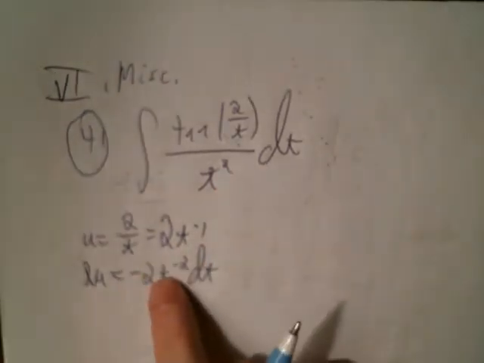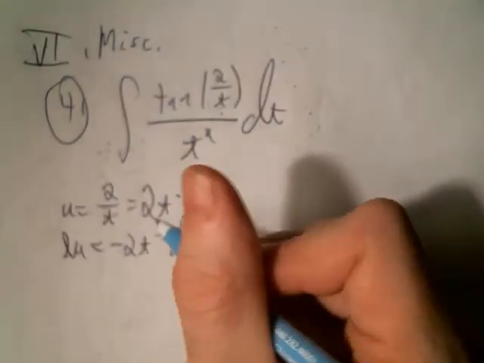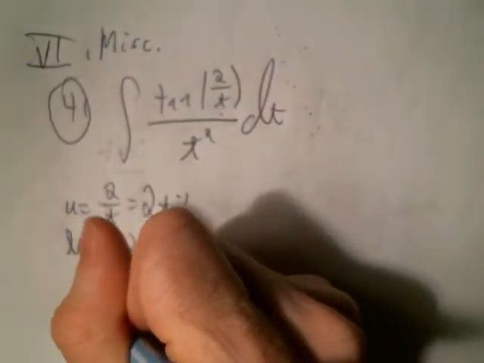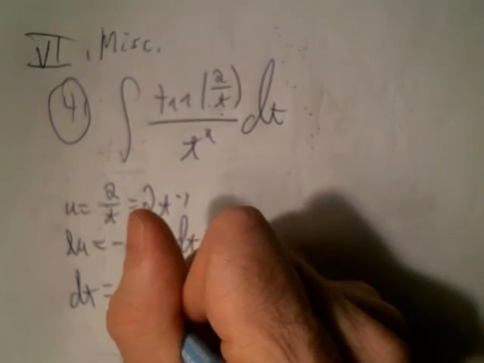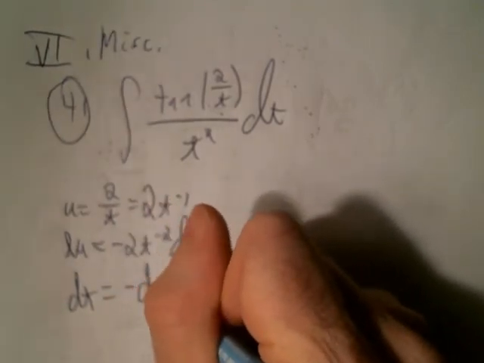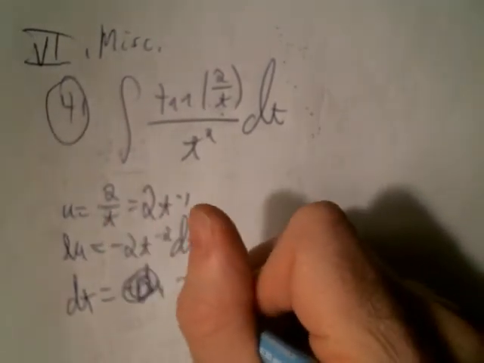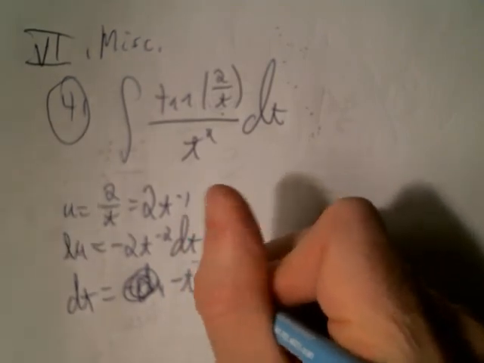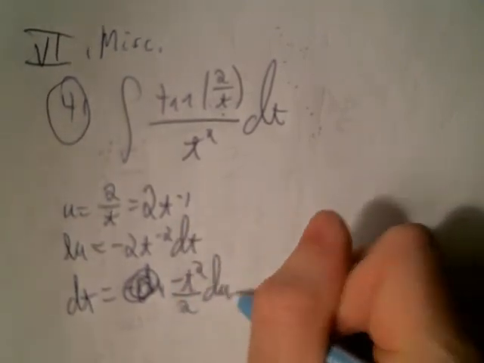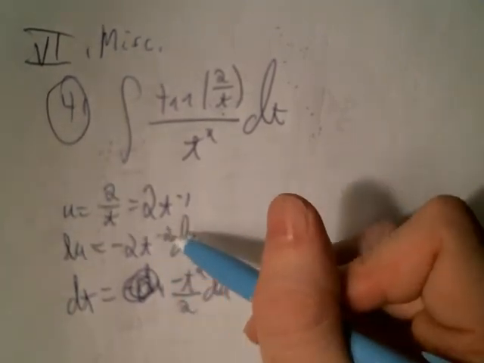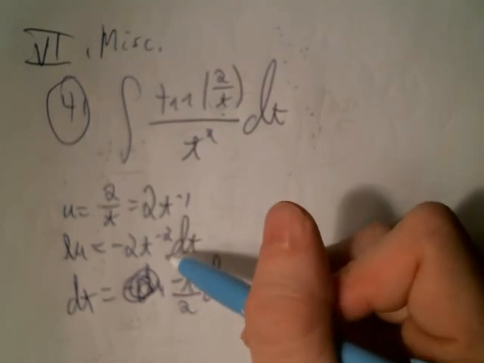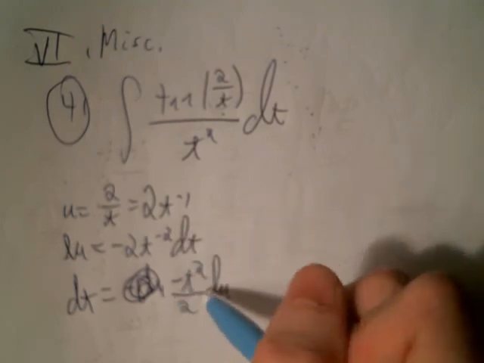And then this part of it is going to cancel with the t squared, and we'll have something that we can integrate, right? So anyways, solving for dt, that's going to be negative t squared all over 2 du, right? If you multiply both sides by negative 1/2 t squared, you'll end up with this.